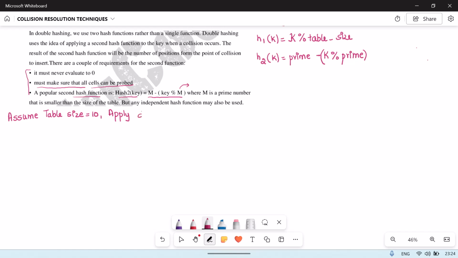Apply double hashing on the following elements, in case of a collision. So 22, 32, 44, and 54.